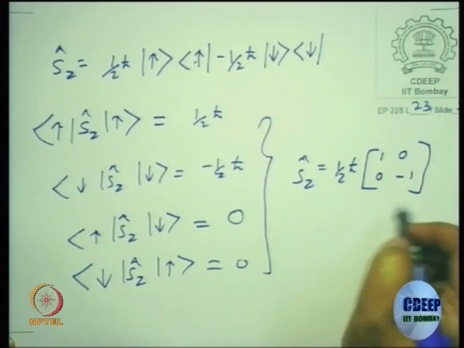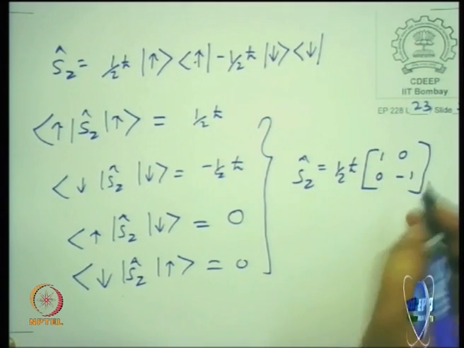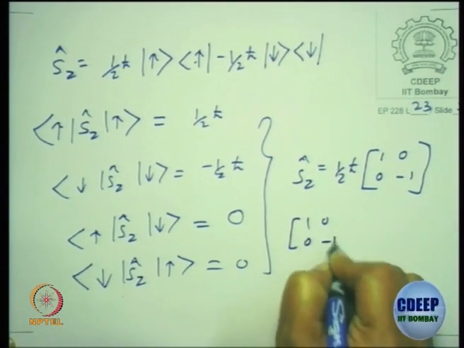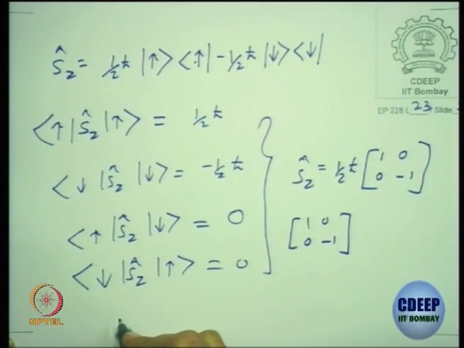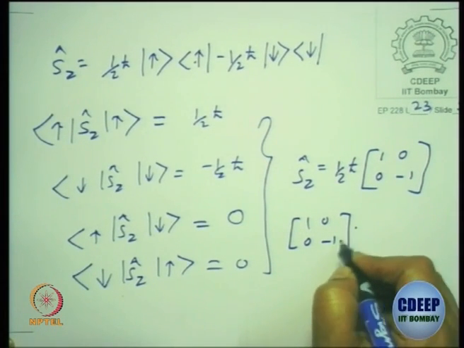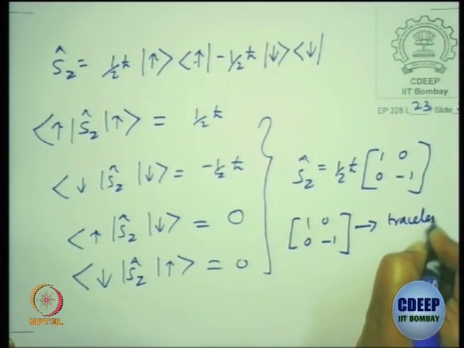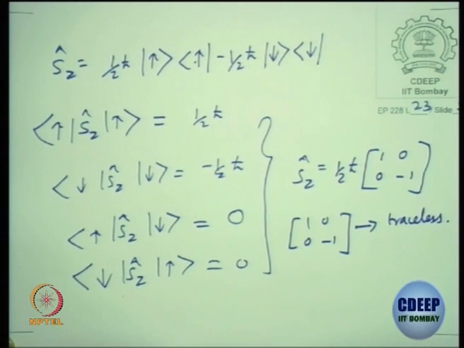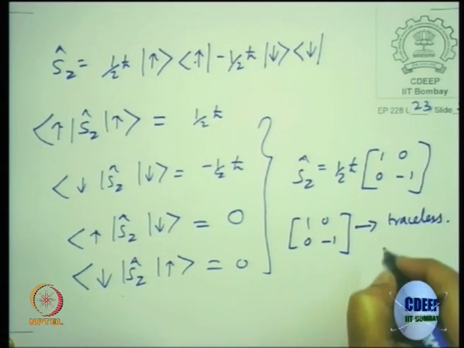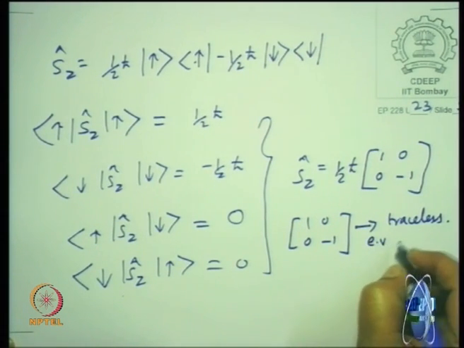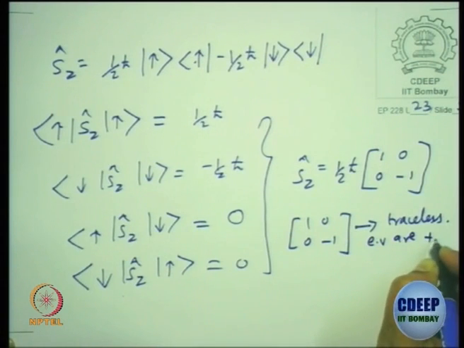These matrices have some special properties. The 1 0 0 minus 1 matrix: what are the properties? It is traceless. Eigenvalues of this matrix are plus or minus 1.